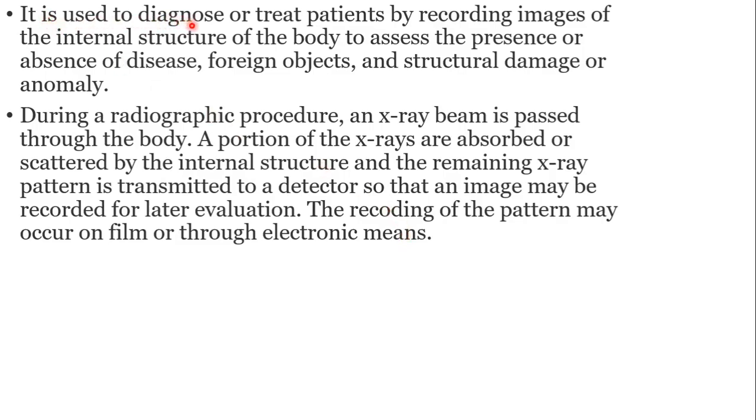A portion of the X-rays are absorbed or scattered by the internal structure, and the remaining X-ray pattern is transmitted to a detector so that an image may be recorded for later evaluation.